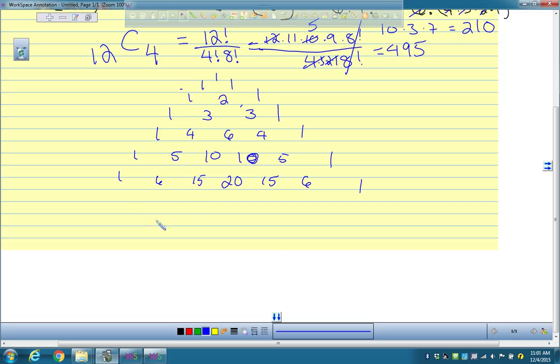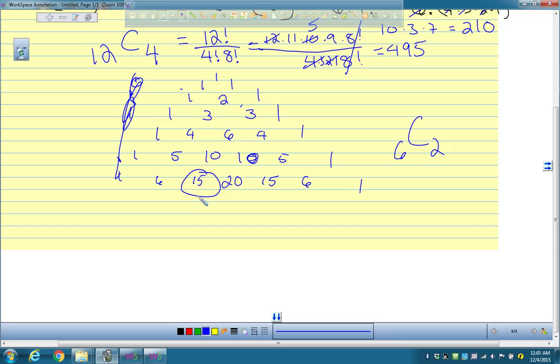If I wanted 6 combination 2, I'd go to the 6th row of Pascal's triangle, and I'd go to the 2nd column, which is this one.